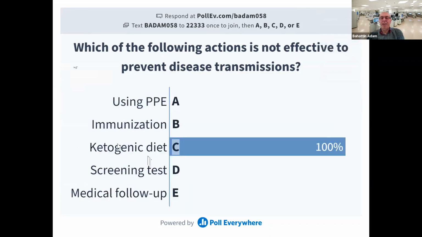Ketogenic diet is not related to this question, but the other precautions need to be taken: using PPE, immunization, screening tests, and medical follow-up are essential to prevent disease transmission.